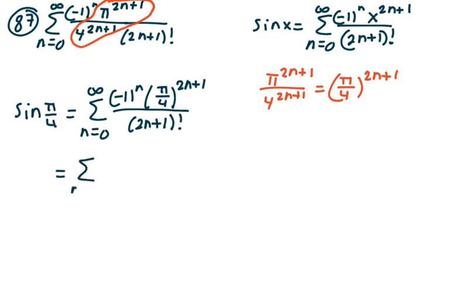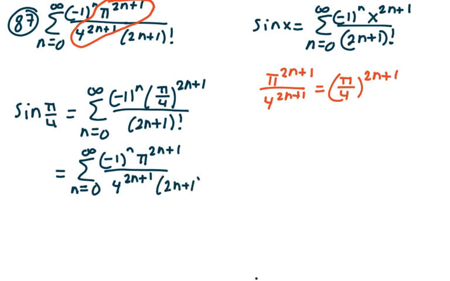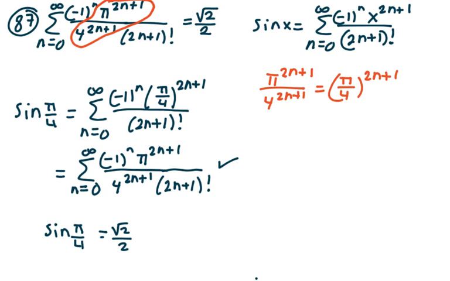But I can simply write this as the summation from n equals 0 to infinity of negative 1 to the n pi to the 2n plus 1 divided by 4 to the 2n plus 1 times 2n plus 1 factorial. And that's what I wanted, right? And keep in mind, sine of pi over 4 is square root of 2 divided by 2. So the correct answer to problem 87 is square root of 2 divided by 2.